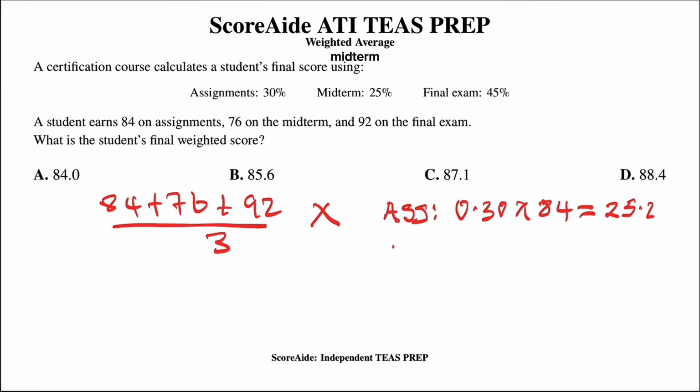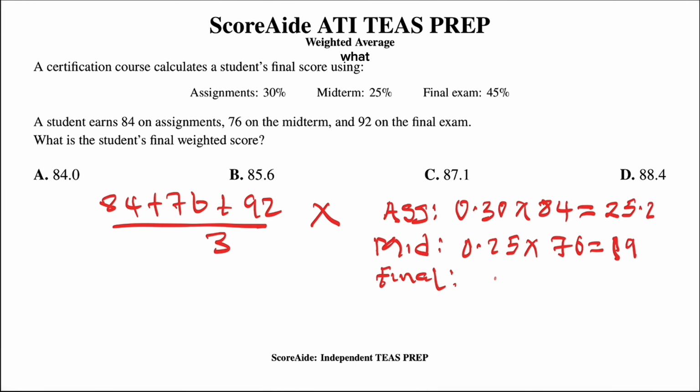And the midterm is going to be 0.25 times 76, which is their midterm score, which is 19. Final exam is going to be what? 0.45 times 92, which will be 41.4.